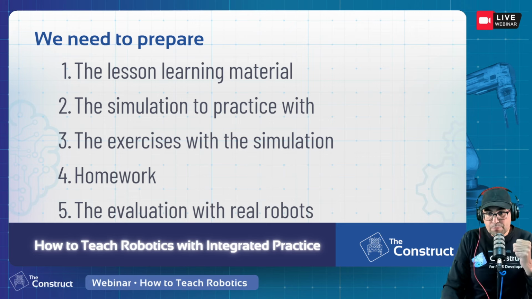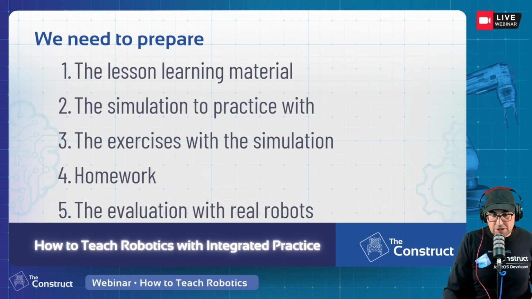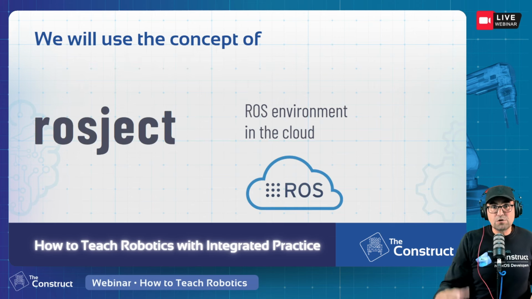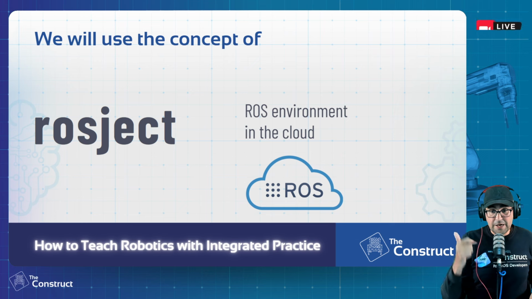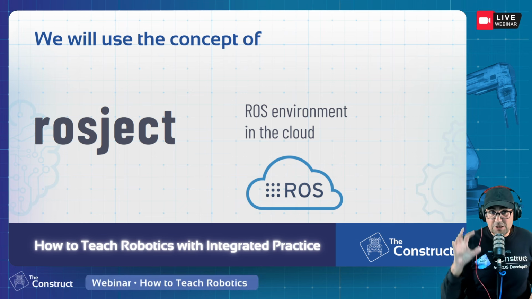So how can we put all this together as a lesson for teaching transformations and coordinates in robotics? For that, we are going to use a concept called the ROSject that we have invented here at The Construct, and basically it's a ROS environment in the cloud. So we are going to use simulated robots on Gazebo and ROS-based, and everything is in the cloud.